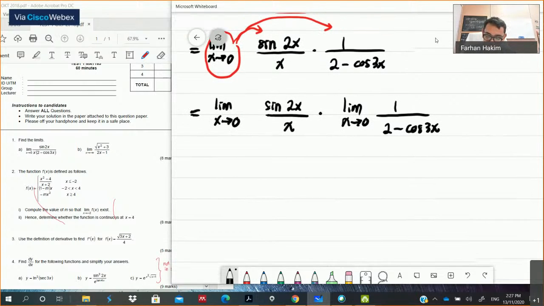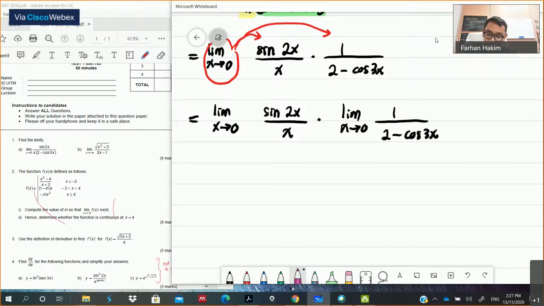We know our intention is to have 2x here, but we have x at the denominator. We cannot take out 2 outside, please don't do that. The only way we can do it is to put 2 in front here, which comes from multiplying 2 over 2.